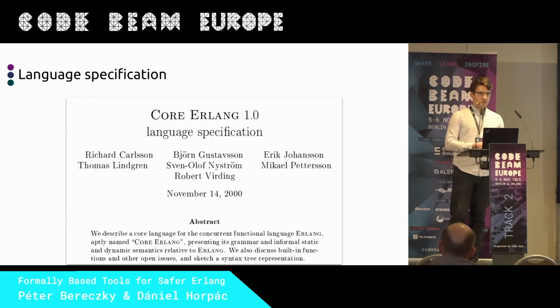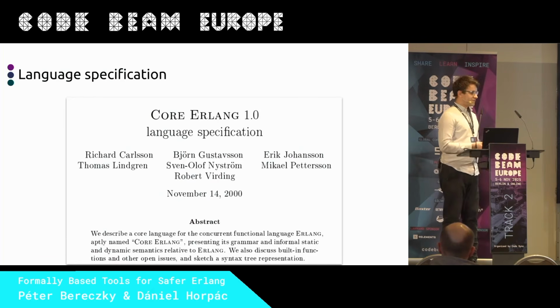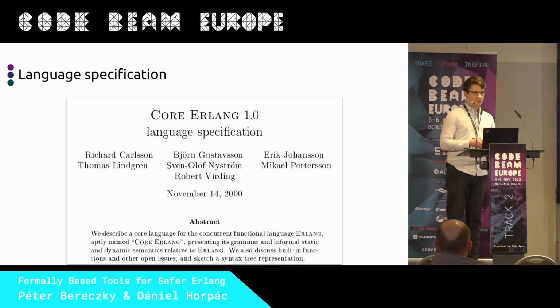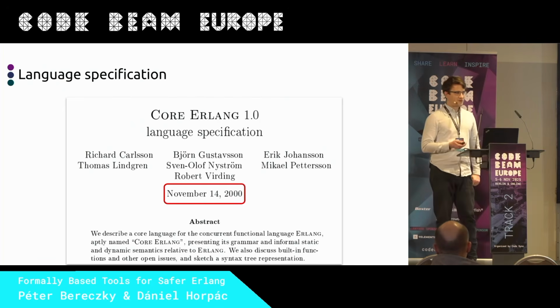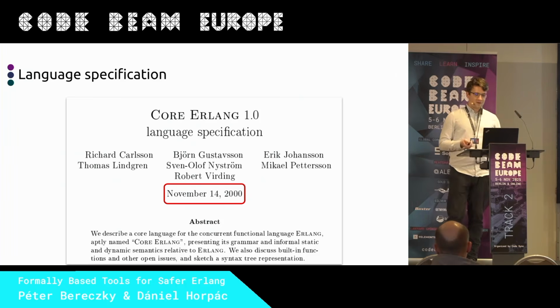There was another reason why we chose Core Erlang to investigate in our project. It has a very well-established language specification document. But there is one issue with this page, and that's the date of it. It's quite old, and since 2000, a number of EEPs affected Core Erlang's syntax and semantics too.